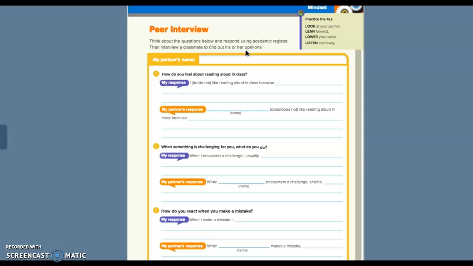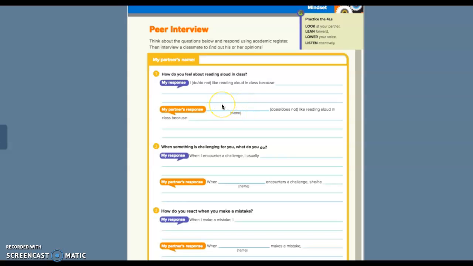How do you feel about reading aloud in class? "I do not like reading aloud in class because blank." Then your partner's response. You're going to interview them.